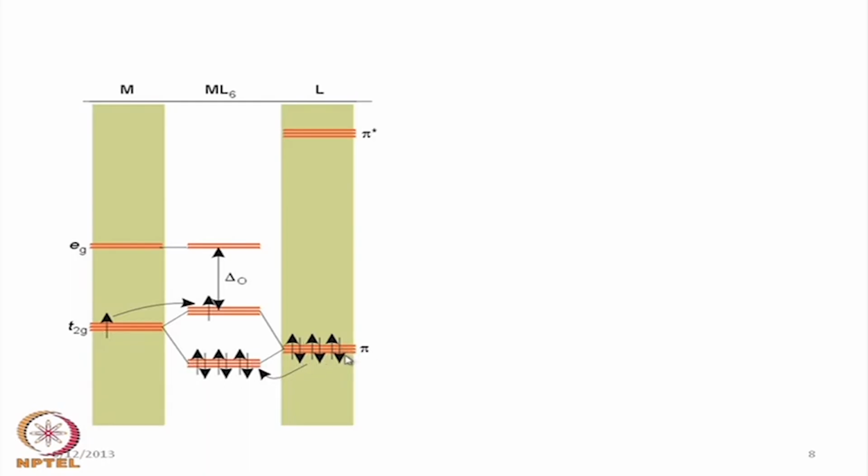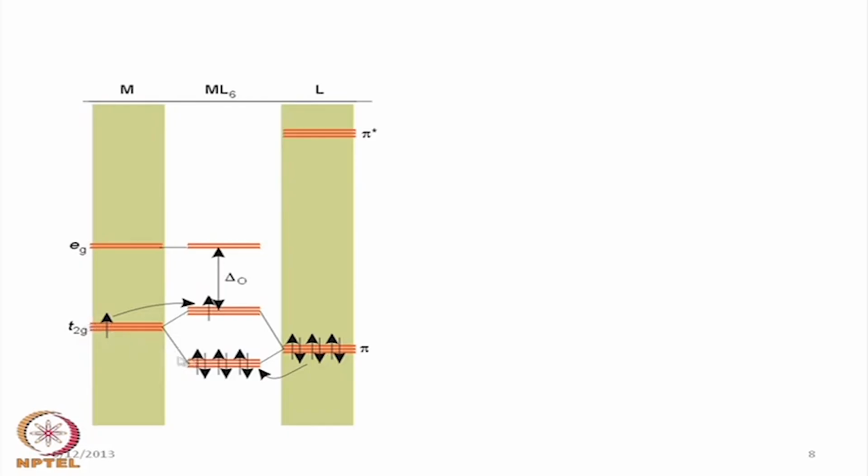So, we can have 3 such orbitals of pi symmetry, and these 3 orbitals of pi symmetry match with T2g, that means from the reducible representation we can take out the irreducible part of T2g symmetry.